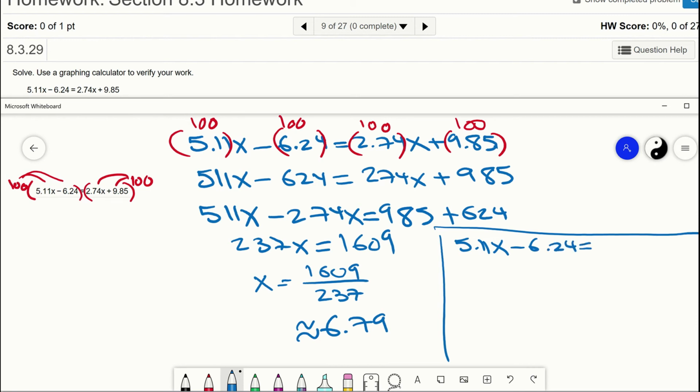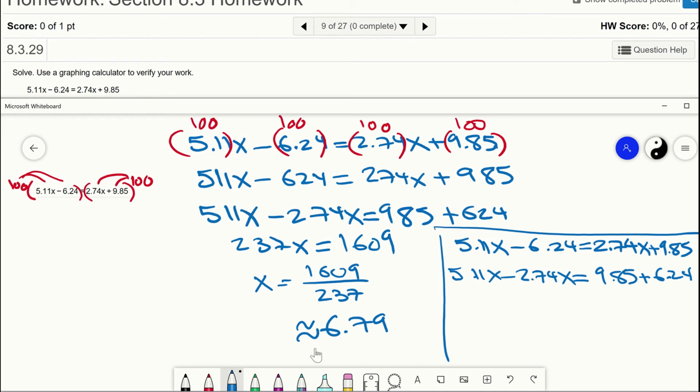But I did want you to see how you can indeed clear them, right? So if you're just going to work with decimals, you're just going to get the x's on one side, and you're going to get the numbers, the constants, on the other side.